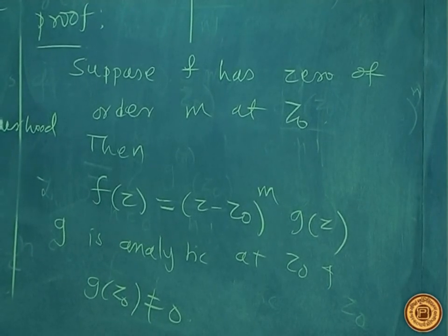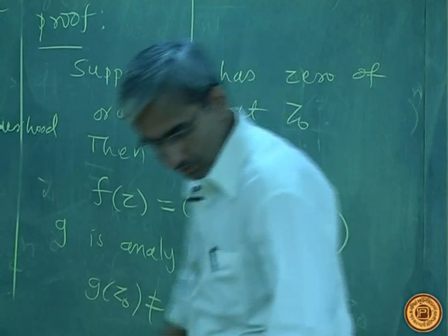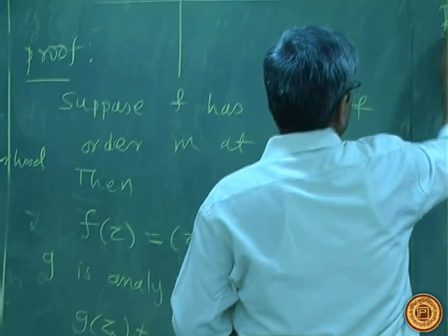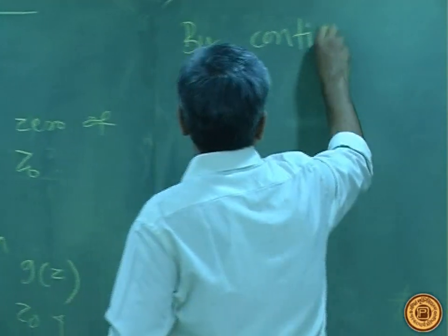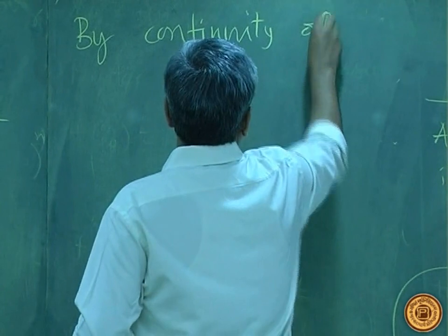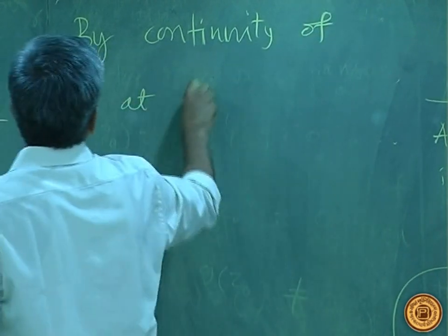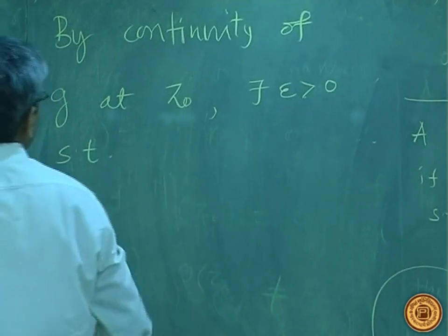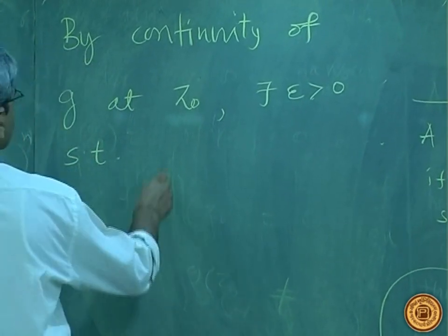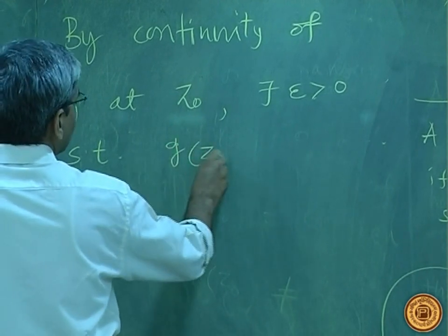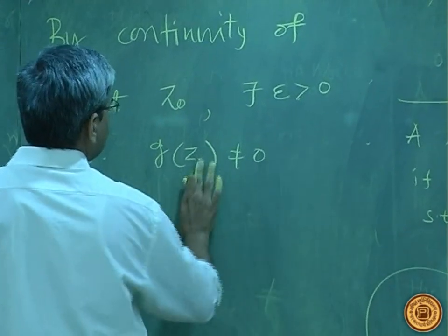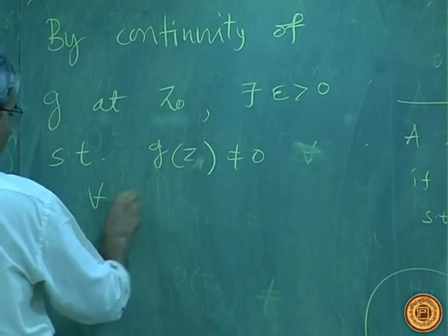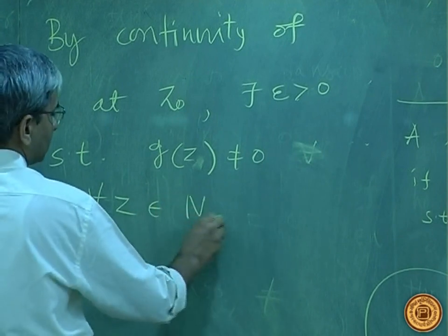So by continuity of g at z0, there exists epsilon positive such that g(z) is not equal to 0 for all z in the epsilon neighborhood of z0.